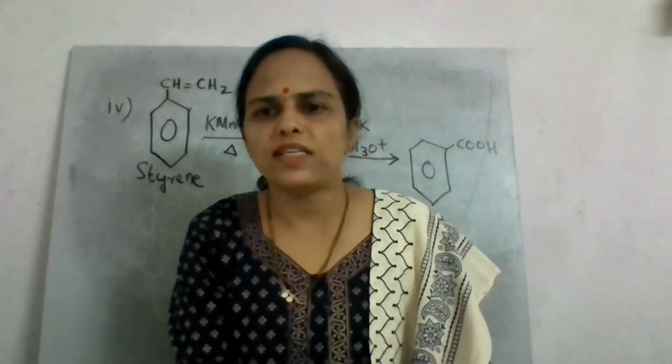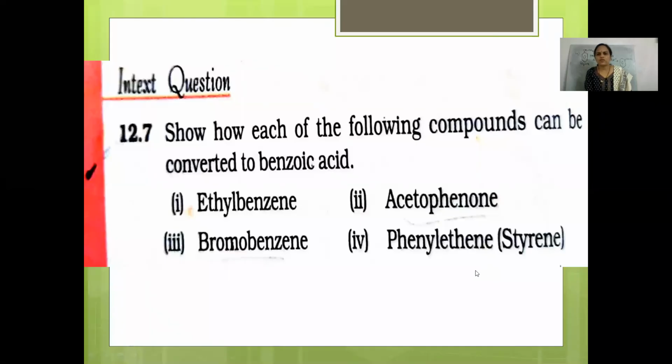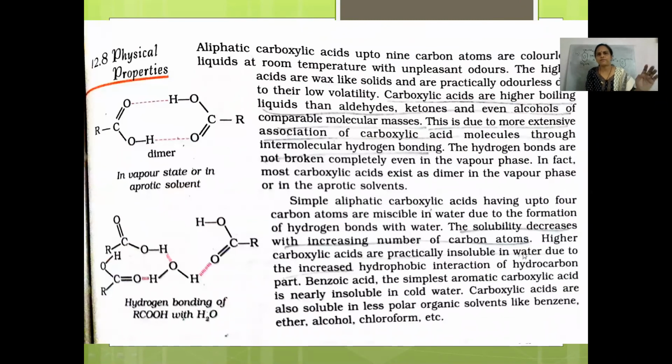Then next we'll be seeing the physical properties of carboxylic acids. So till last chapter, we used to say that alcohols have got the highest boiling points. Why? Due to the presence of intermolecular hydrogen bonding in them.